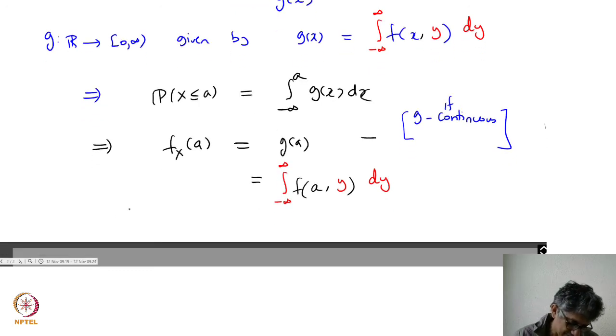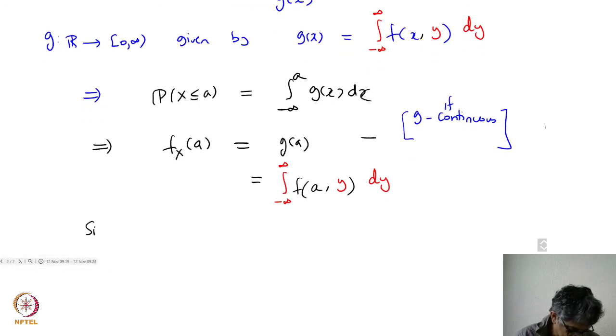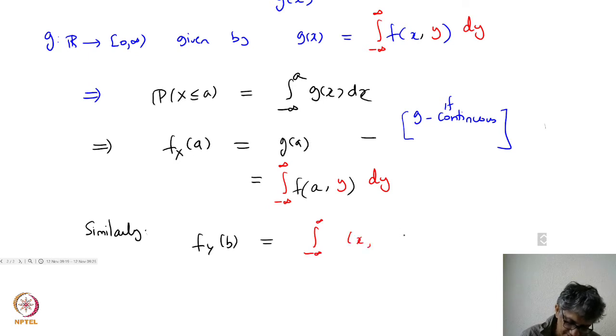And similarly, one can show that f sub Y at a point b is just the integral from minus infinity to infinity of the joint density at the point (x, b), and then I integrate out dx. So this is just f at the point (x, b) dx.